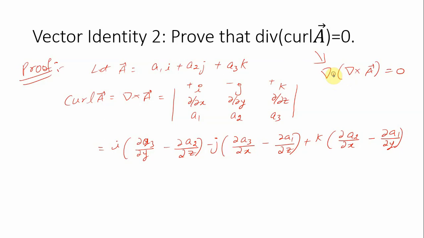Here you can see dot product is nothing but divergence and cross product is nothing but curl. So please see that you don't make a mistake between dot product and cross product. Dot product and cross product we have already discussed in the previous lecture. Please go through that video.